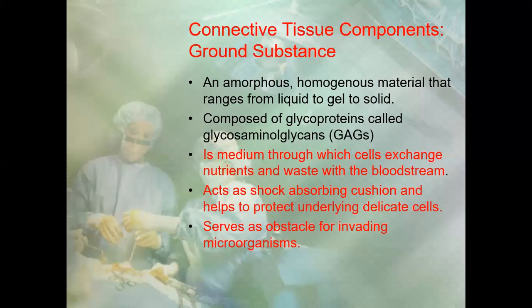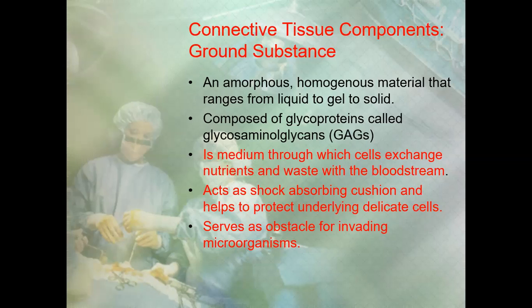It's also going to act as a shock absorber. A lot of our tissues in our bodies are mainly for protection, and our environment is actually pretty hazardous if you think about it. So we have a lot of things to help protect our underlying delicate tissues. And then this ground substance is also a barrier.